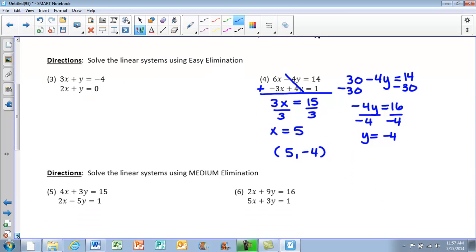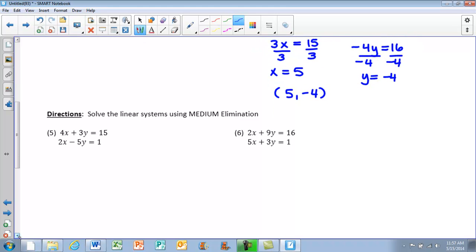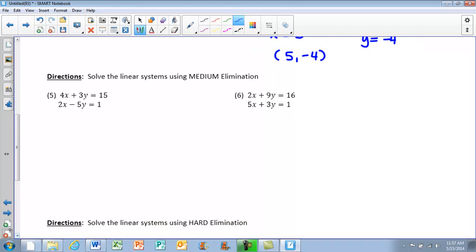Alright, moving down to number 6 here. We need to pick a variable that we want to eliminate. I'm going to eliminate my y's, which means I'm going to have to multiply the second equation by negative 3. So when I rewrite, I have 2x plus 9y equals 16.